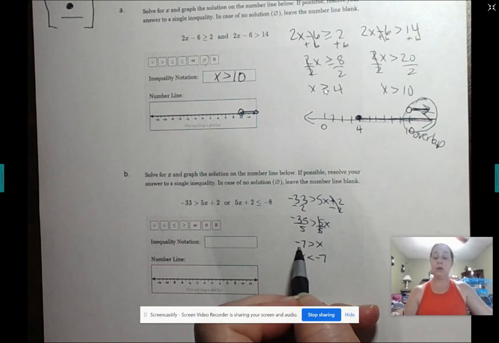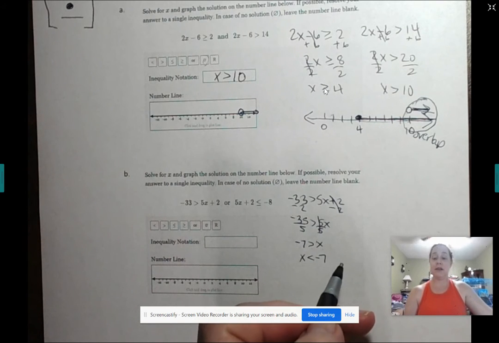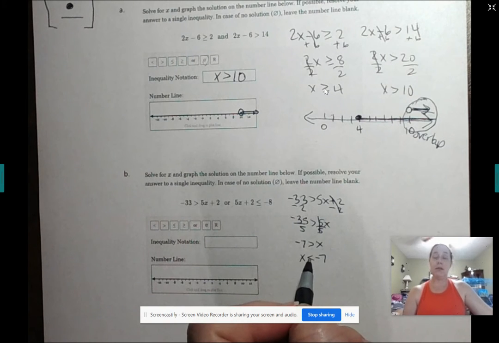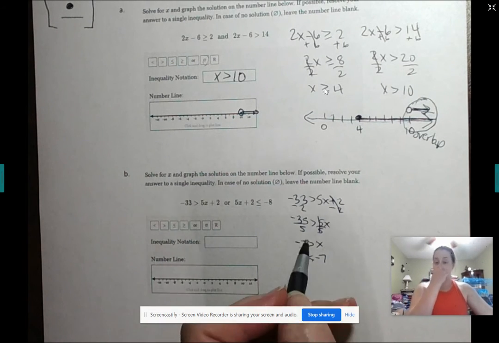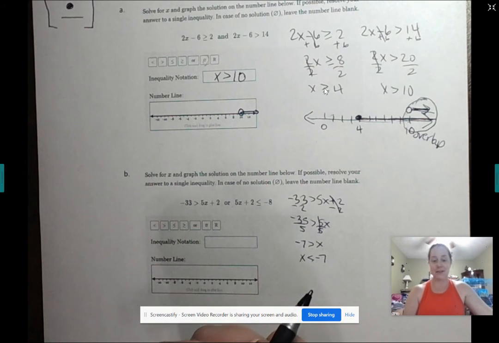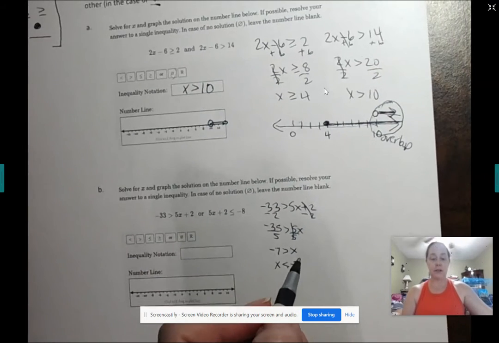If you write it this way, where you keep x on the left or the right side, when you think about what that means, if we switch the order, this needs to be flipped. So if negative 7 is greater than x, that means x is everything smaller than negative 7. So that's one part of our solution.